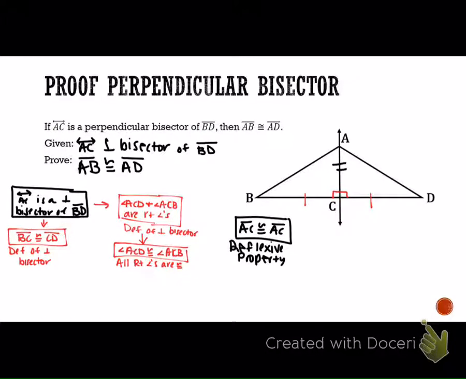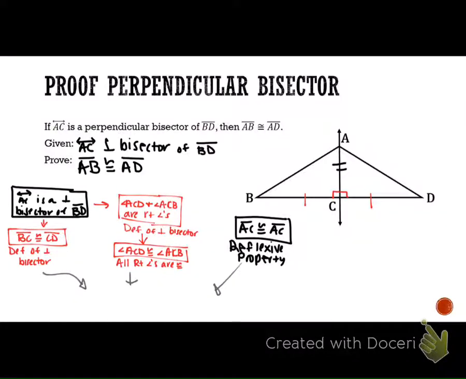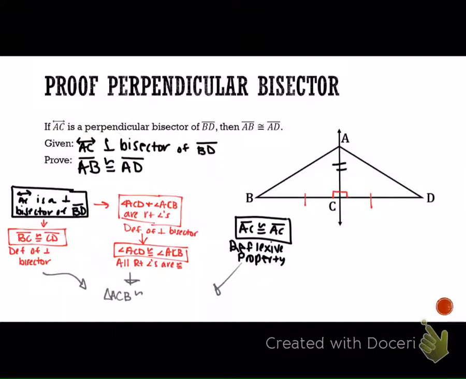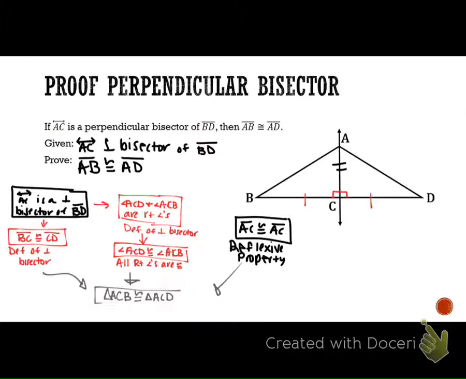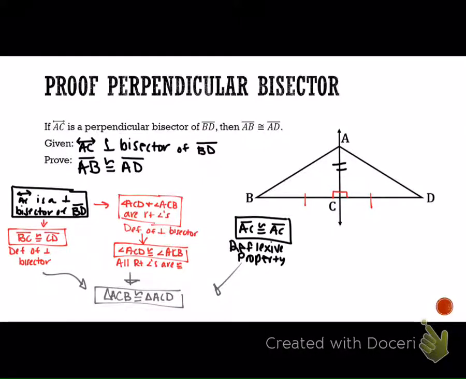Do we have enough information to prove triangles are congruent? Austin, what two triangles are congruent? Triangle ACB and triangle ACD. And why do you say that, Austin? Because of side angle side.